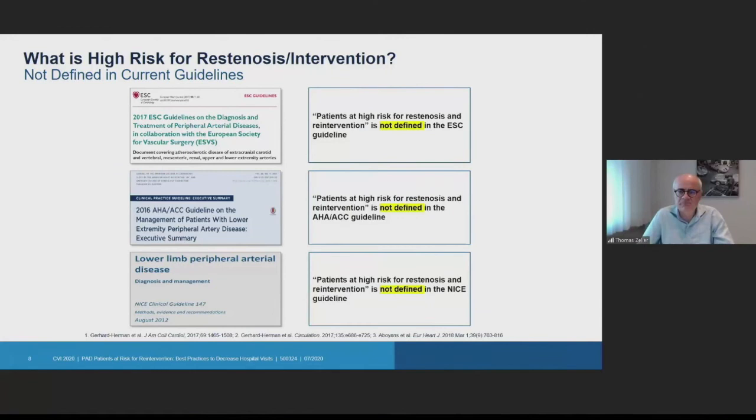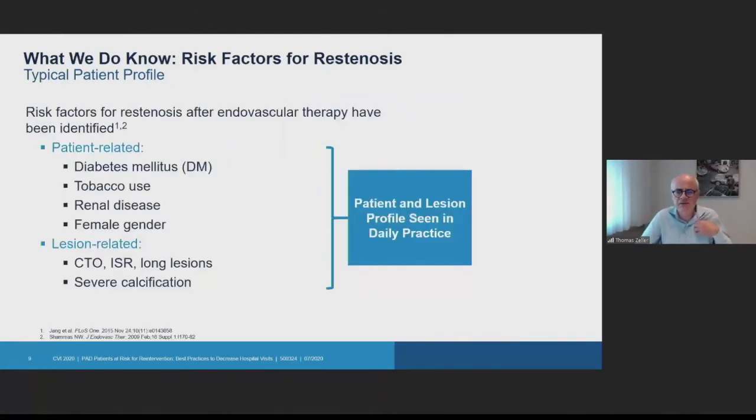And the big problem with this recommendation is that, if you look into the guidelines, there is no definition for patients at high risk for restenosis or reintervention. So how to identify these patients?